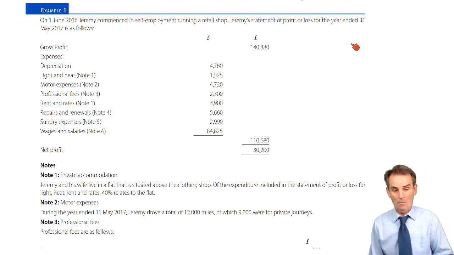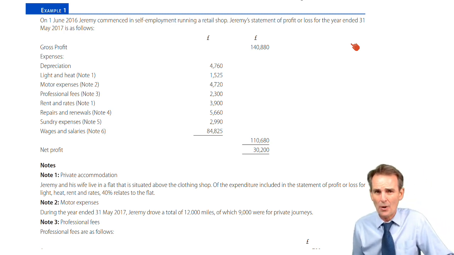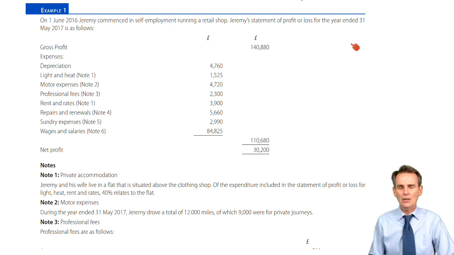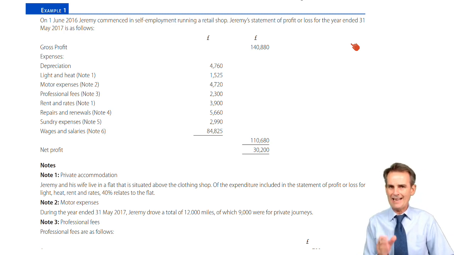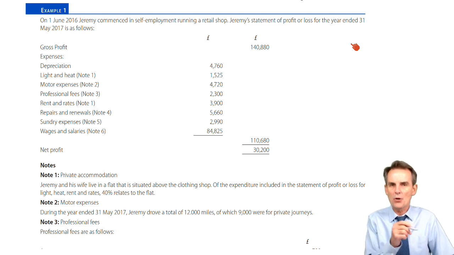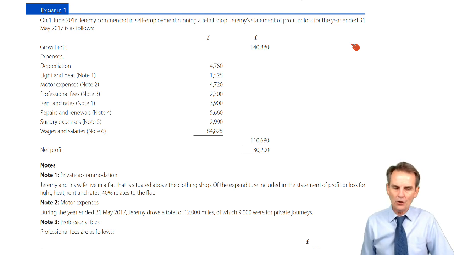There are some differences, principally, as I said, there's no private use in corporate tax. So when you deal with this in an exam question, always look very carefully. For example, it might be an objective testing question. First thing to look at is not just the expense item, but who's the trader? Is the trader a company or is the trader an unincorporated trader? Before you start to deal with those adjustment of profits issues.